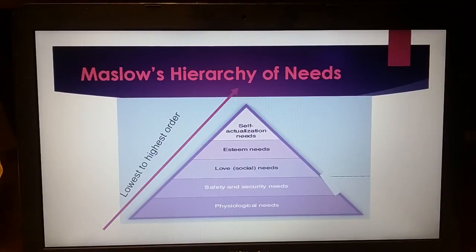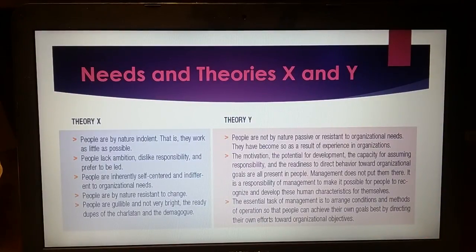Okay, so now we come to the idea of theory X and theory Y. I have a couple of slides on this, so we're going to kind of go through. But essentially theory X is that people are lazy, and unless the management cracks the whip, they're not going to do anything. Theory Y is more this idea that it's a joint venture between management and the worker.